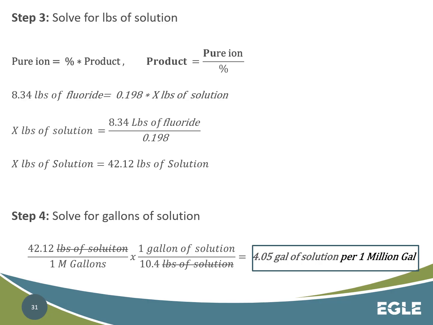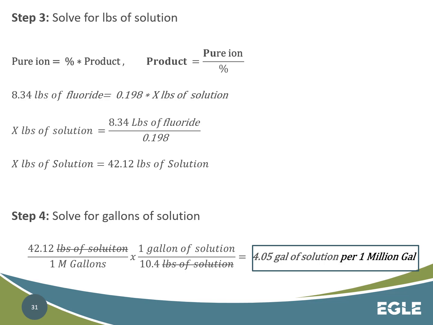And in terms of selecting the proper percentage, you may be given the percent of hydrofluorosilicic acid by weight in the solution, or you may be given, in this case, the percent of pure fluoride concentration by percent in that solution. And that's what you want to use.